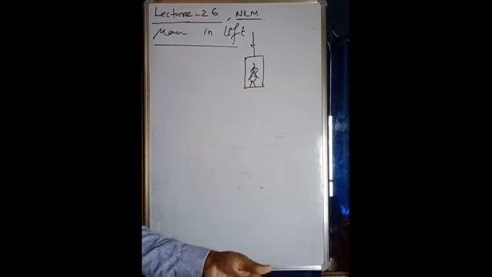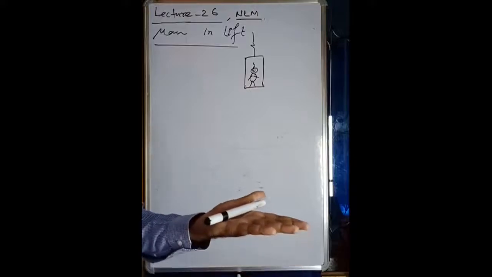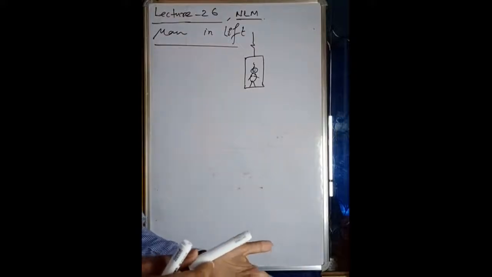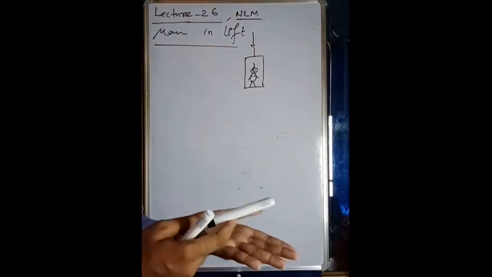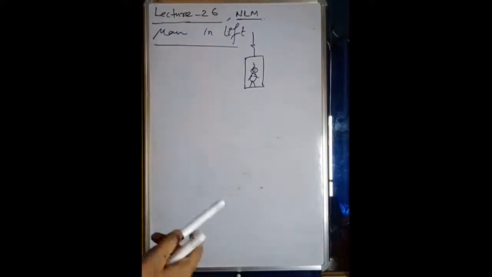Who is measuring the weight? I need this pen to be held on my hand to measure its weight, so it is the normal reaction applied by my hand. If it is heavier, then I'll apply more force as a normal reaction. So weight is the normal reaction.